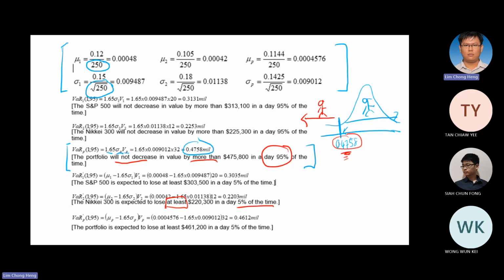Annual convert to daily: divide by square root of 250.